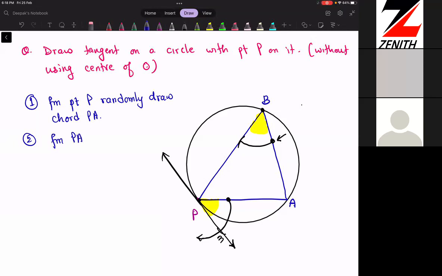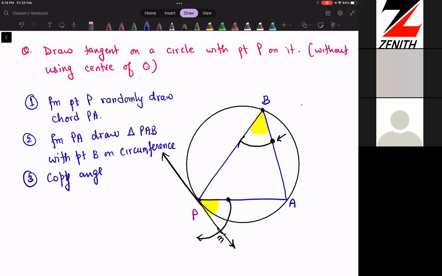From PA, draw triangle PAB with point B on circumference. Copy angle B at point P. Draw tangent.